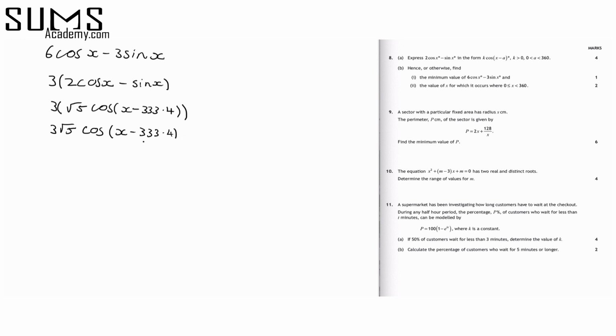So what does the question ask? What is the minimum value? Well, the biggest this cos can be is 1, and the smallest it can be is minus 1. So if the smallest this can be is minus 1, then you multiply that through, and the smallest it must be is minus 3 root 5.